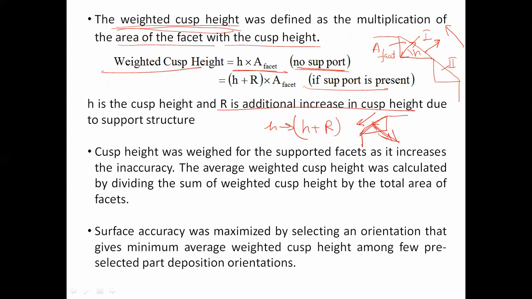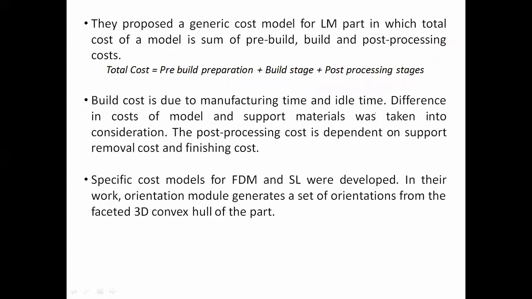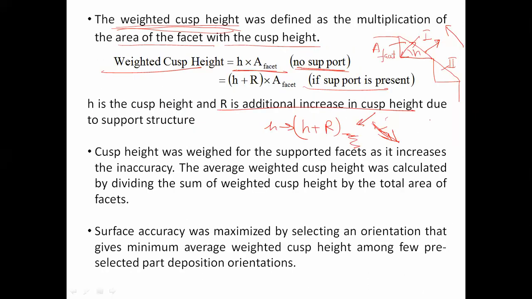Let me draw a better figure. If this is the part and you create a facet, this will be your H. But in case a support structure is required, this becomes your facet, so H changes to H plus R.